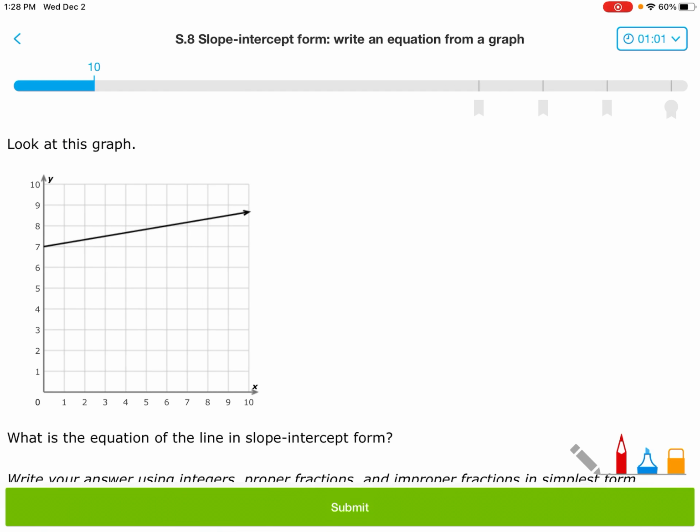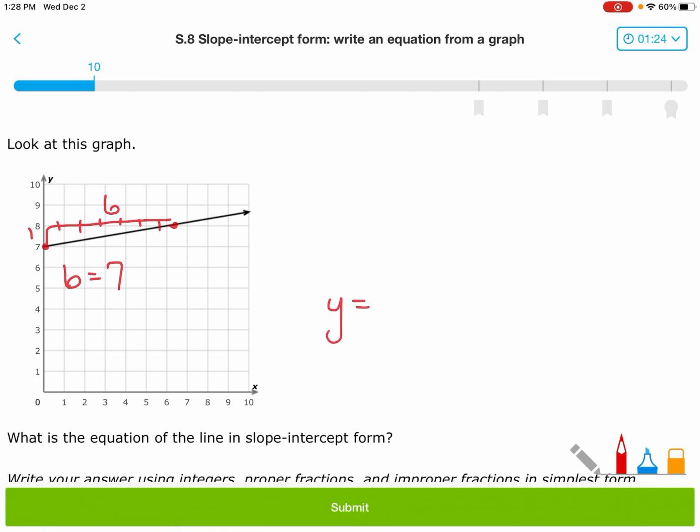All right, same thing, we have to write the equation. First I'm going to find my b value. So b is 7, my y-intercept. Then I'm going to find 2 points. So I go up 1 and over 1, 2, 3, 4, 6.